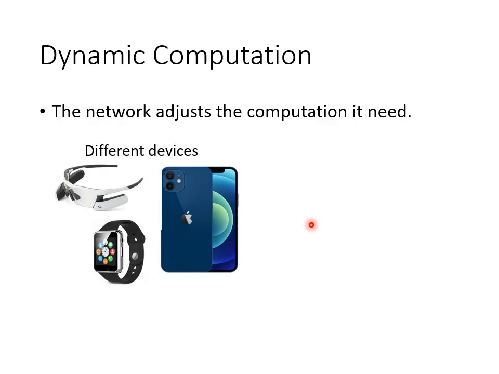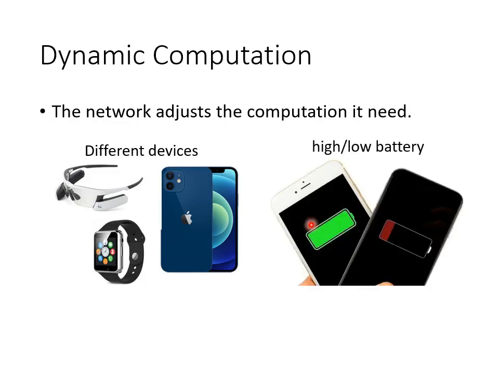When there are few computing resources, it only needs low computing resources to perform operations. When computing resources are abundant, it can fully utilize the sufficient computing resources for computation. Another possibility is that, even on the same device, you will also need different computation.